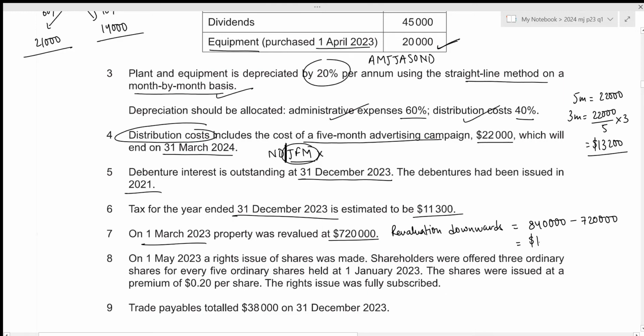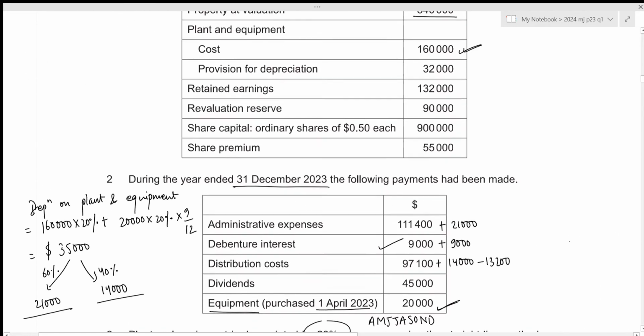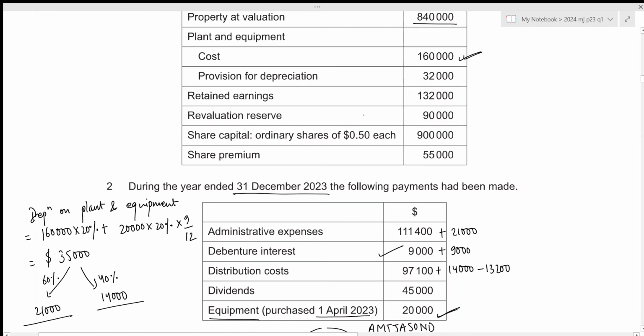That will be 120,000. And this should be subtracted from the revaluation reserve. It's given right here. But the revaluation reserve only has the amount of 90,000. It means that only 90,000 can be subtracted from this one. So the revaluation reserve at the year end will be 0. And remember, we had a total revaluation downwards of 120,000, out of which 90,000 is subtracted from the revaluation reserve. Now the remaining 30,000 will have to be subtracted from the retained earnings.